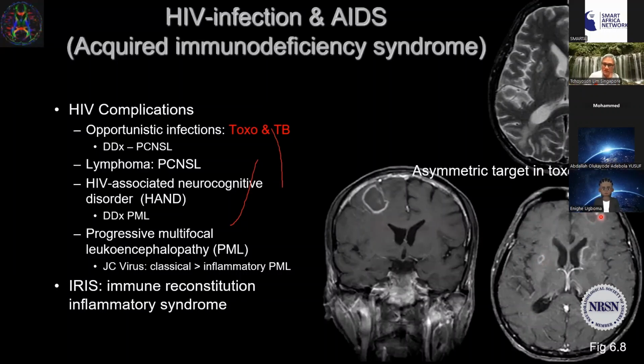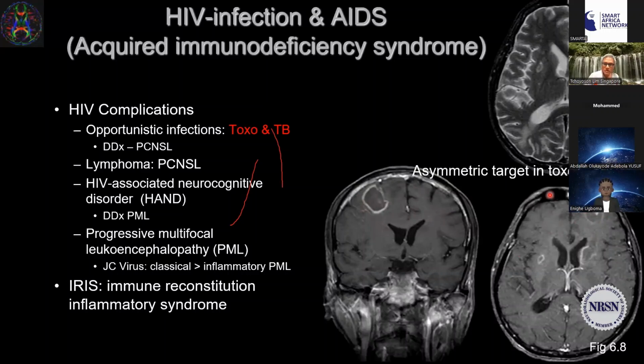Some of these lesions, like here, and to a lesser extent here, display the asymmetric target sign. This is a very helpful feature that helps us to diagnose toxoplasmosis because the parasite is distributed in a very asymmetric manner, and there is blood-brain barrier breakdown, giving this appearance on multiple planes.